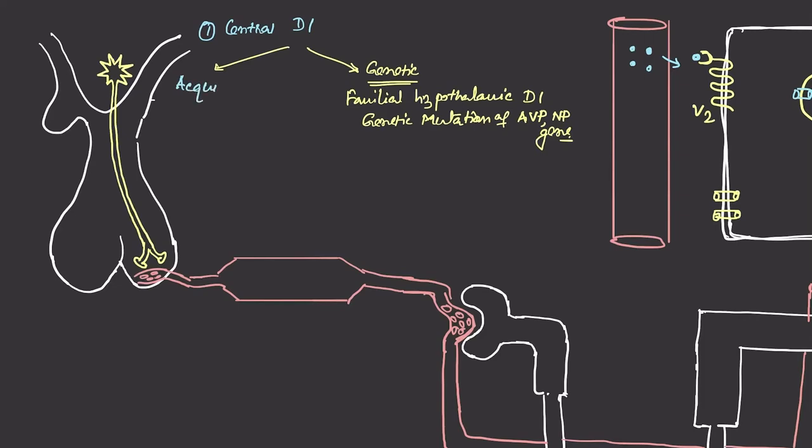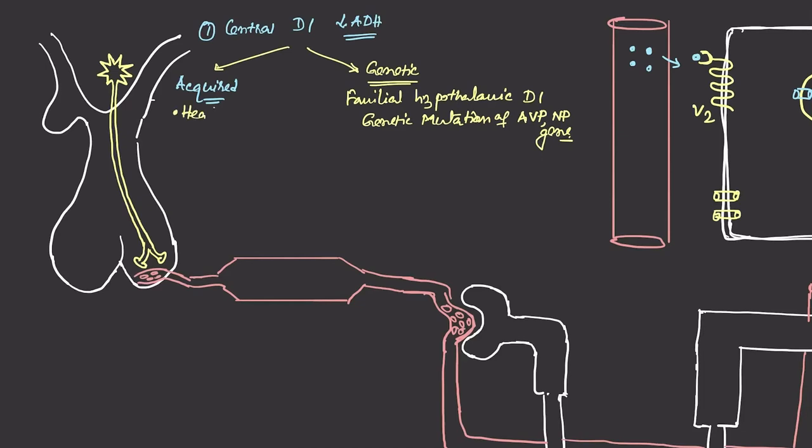The acquired cause involves this part of the hypothalamus or the pituitary, ultimately resulting in decreased synthesis or secretion of the ADH. So, the central diabetes insipidus occurs due to decreased ADH synthesis or secretion.